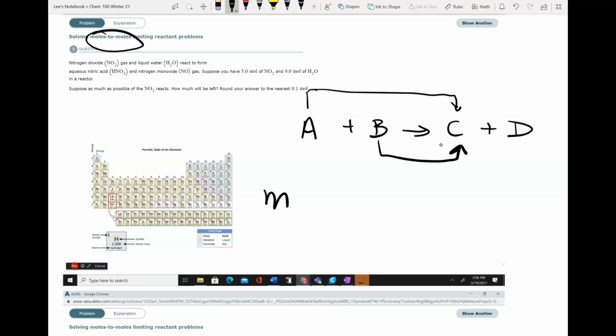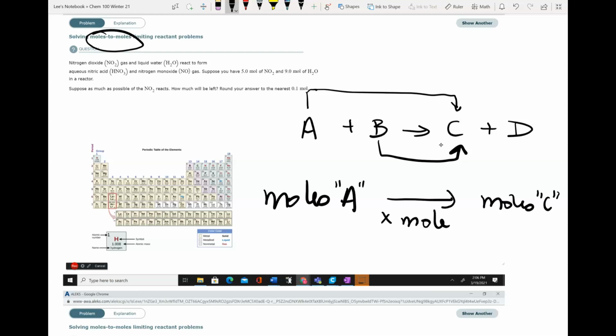And if you recall, in order to convert from moles of substance A to moles of substance B, we're going to multiply by the appropriate mole ratio. In order to get a mole ratio, you have to have a balanced equation, otherwise your mole ratio won't be correct.